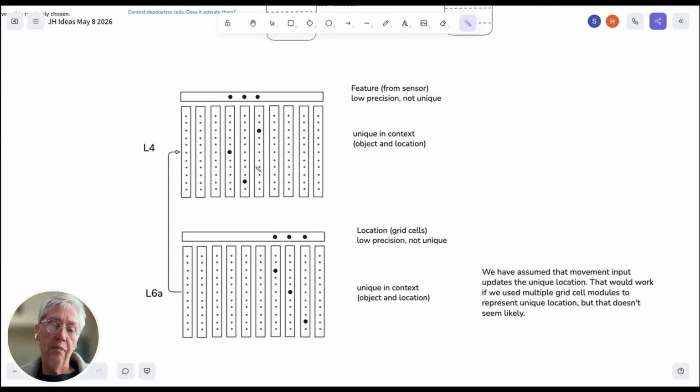Given I have a reasonable but not good enough representation here, my raw feature may be able to say, yes, I know exactly where you are. You have to be here, because we're combining those two. And similarly, if I know exactly where I am here, then I could predict exactly where I am up here because we've learned that association.